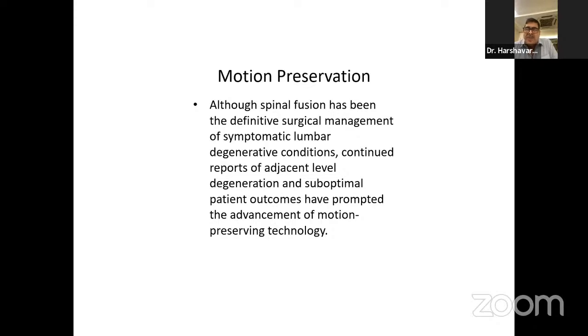And we clear the disc space, and within the disc space, we put the cage along with bone grafts, such that the fusion occurs. One of the complaints about this procedure was that it reduced movements. And this is okay in the elderly, but in the young, this can be a problem. So the newer exciting area that one came across was motion preservation.